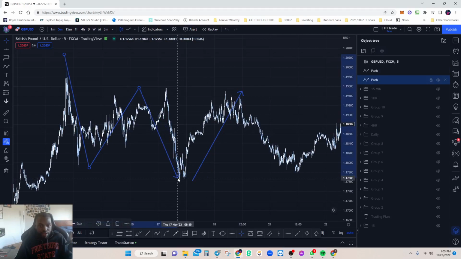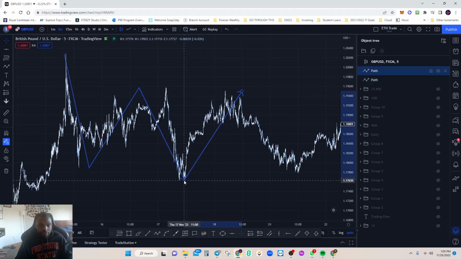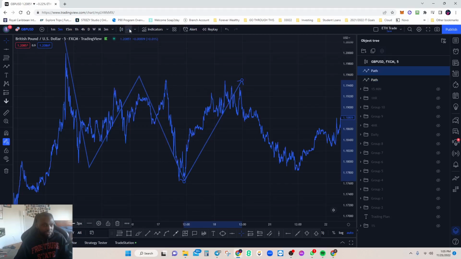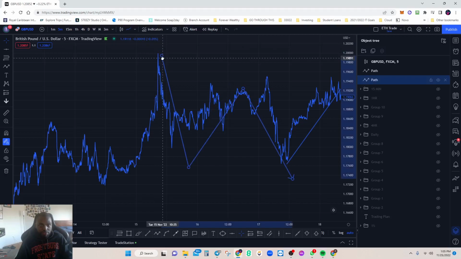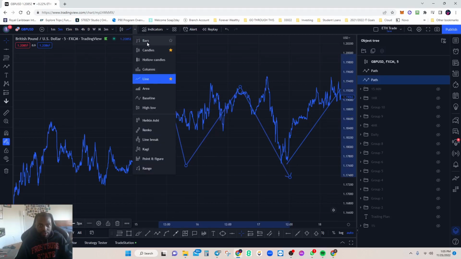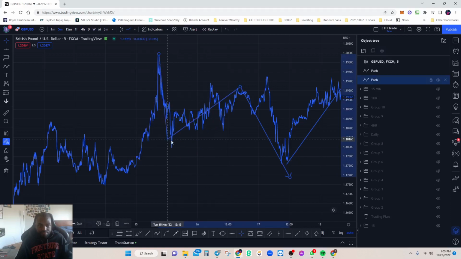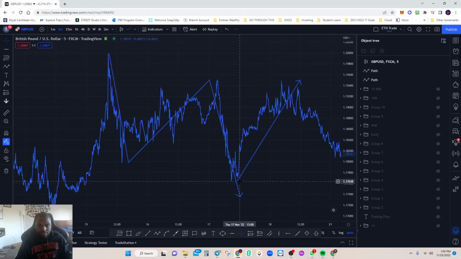And then also, guys, I learned this concept using just candles, but I've recently figured out that it's so much better to just use the line tool, because it's so much easier, super easy. You don't have to guess.